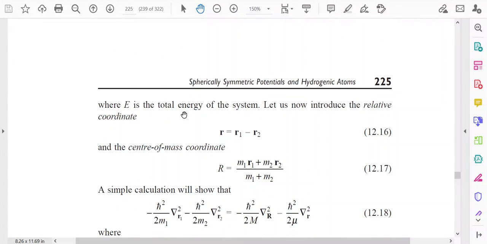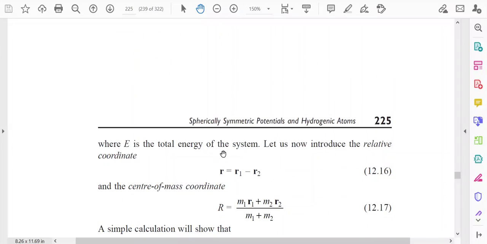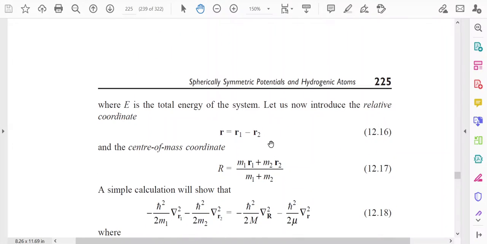Now E is the total energy of the system. On the right hand side we have written capital E, which represents the total energy of the system. Now what is actually the relative coordinate? We have already said that r1 is the position vector of m1, r2 is the position vector of m2, and we can write small r equal to r1 minus r2, that is the relative coordinate for the system.